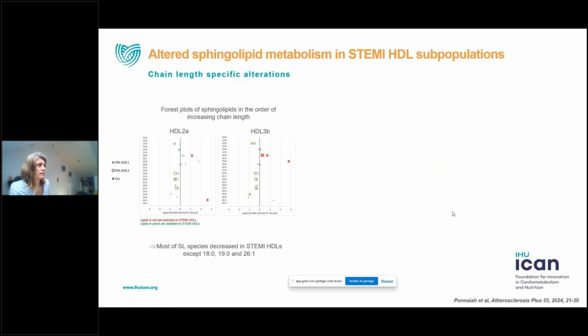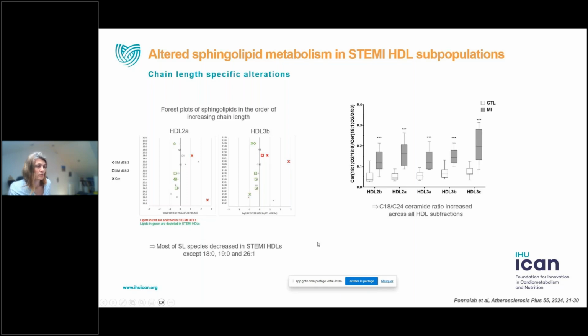We then looked more specifically at the sphingolipid metabolism of these HDLs. As we saw before on the circular heat maps, most of the sphingolipids were depleted. But when we drew these forest plots, we could see that systematically across all 5 HDL subpopulations, we had an enrichment of the C18 sphingolipids, C19 and C26:1.